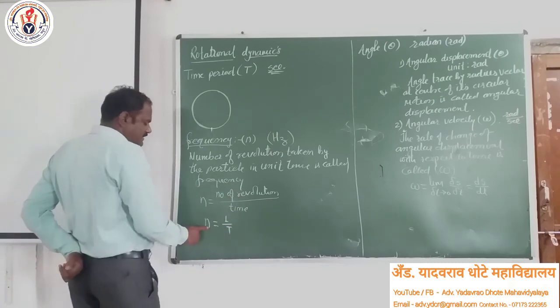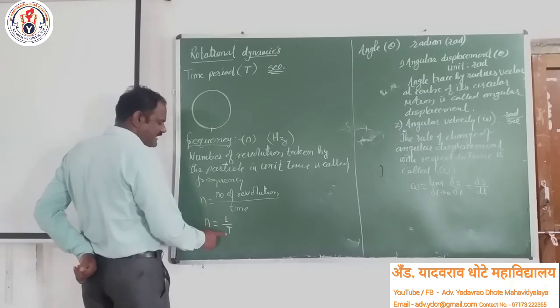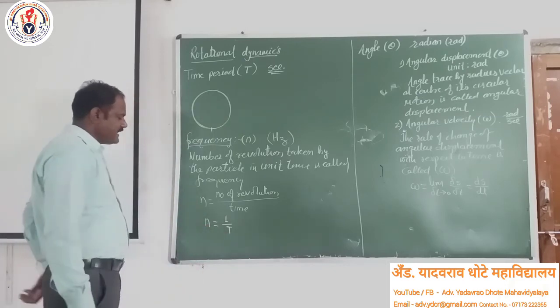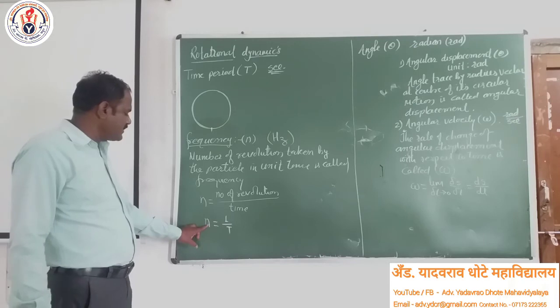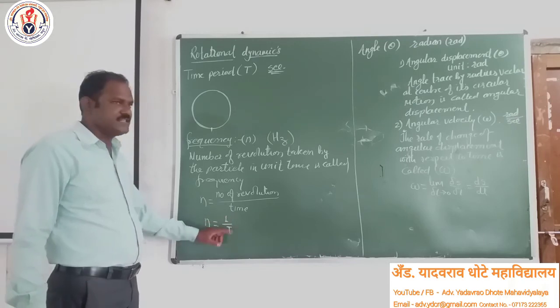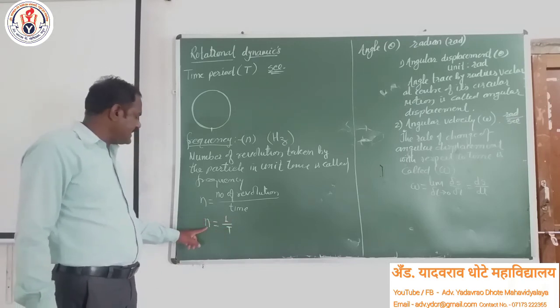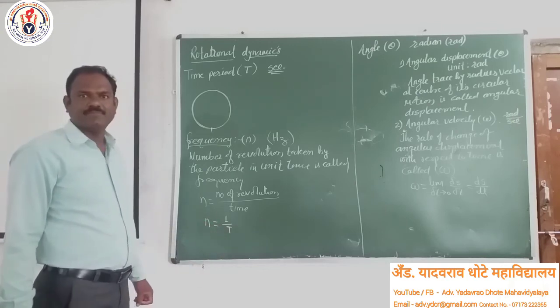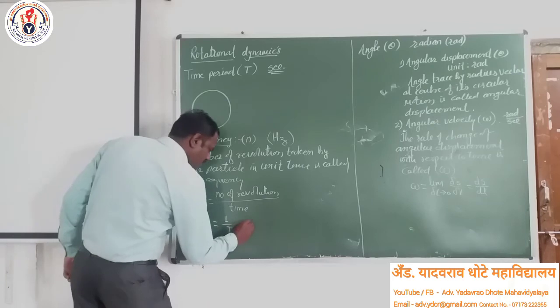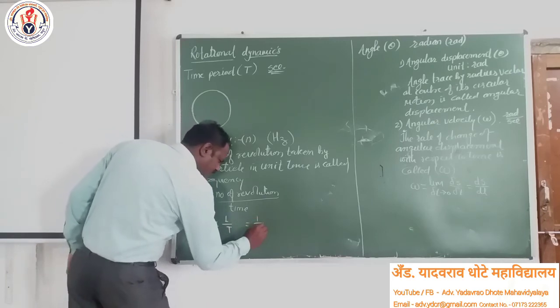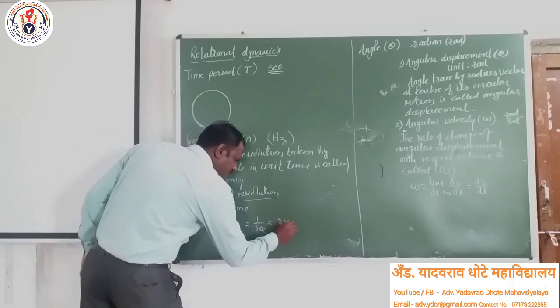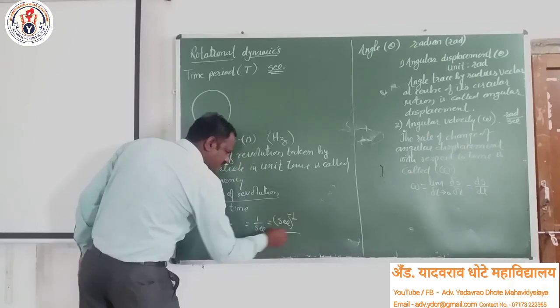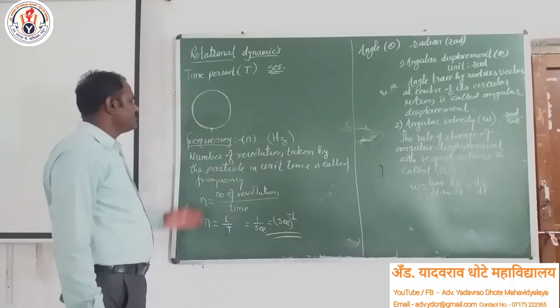So the relation between the frequency and the time period is N is equal to 1 divided by T. So the frequency is the reciprocal of time period. Another unit we observe is 1 by second, so second inverse.